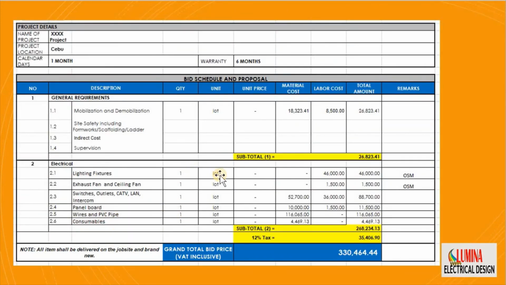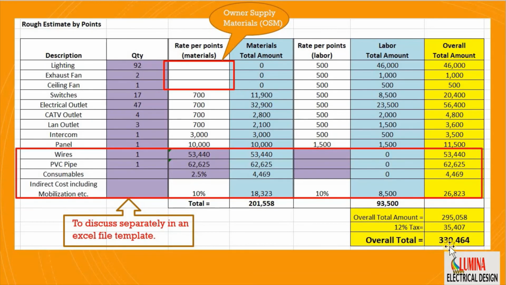I indicate one lot and then the material cost, the labor cost, and the total amount. Added with 12% tax, we have 330,464, which is the same as our rough estimate by points.